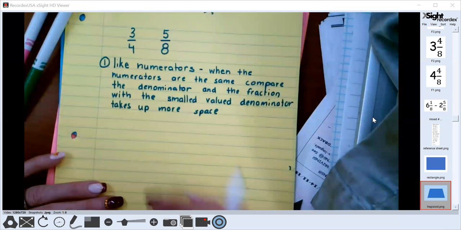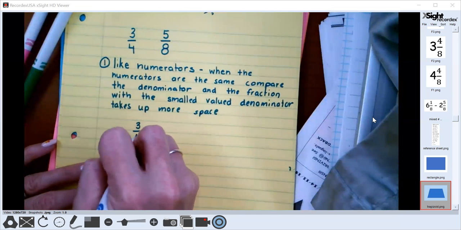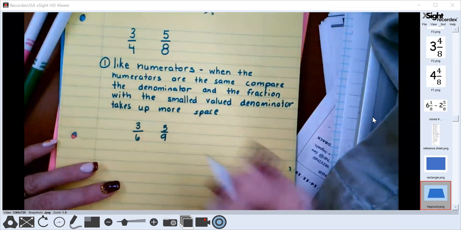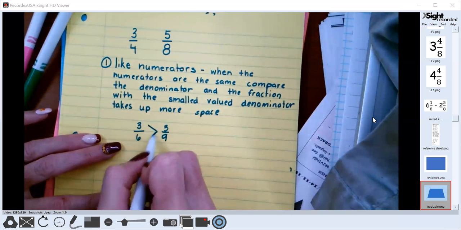So an example of that would be like 3/6 and 3/9. 3/6 is greater than 3/9. That's the rule.